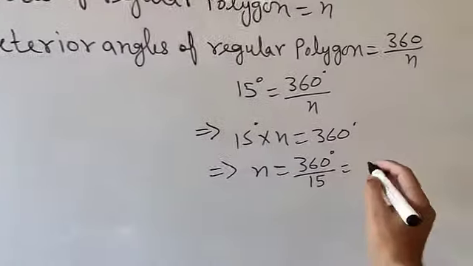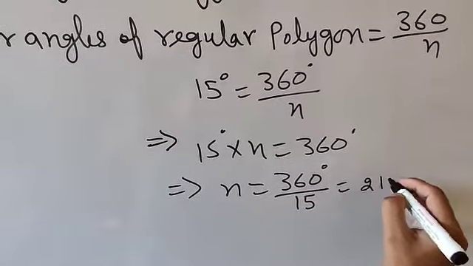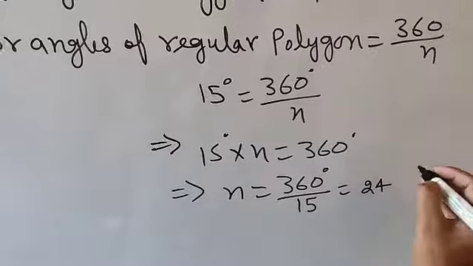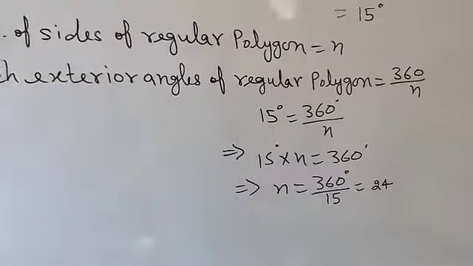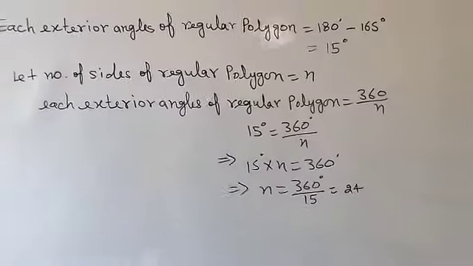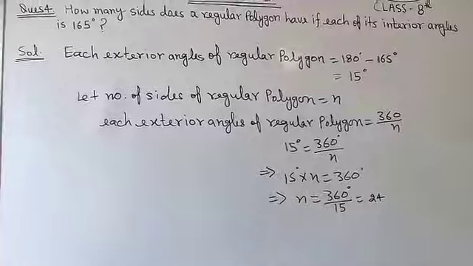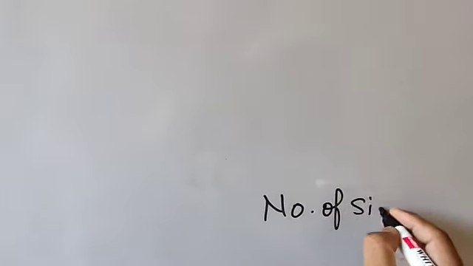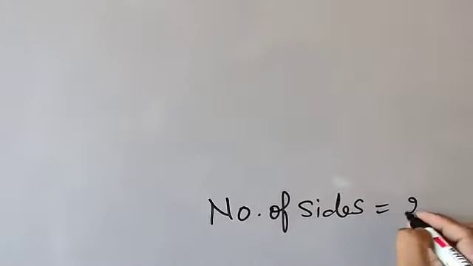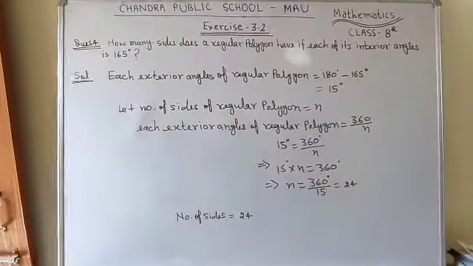If you divide, 15 twos are 30 and 15 fours are 60, so it will be 24. So the number of sides of that regular polygon whose each interior angle is 165 degrees will be 24. So you can write number of sides equal to 24. So it is the complete solution of question number 4.